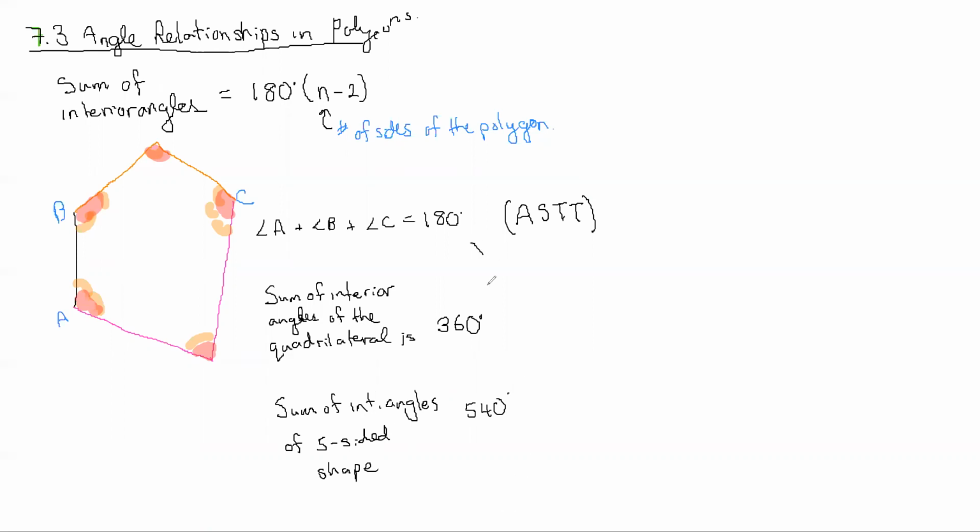And essentially, every single time we are adding an extra side to the shape, in other words, this is three-sided, this is four-sided, this is five-sided, and if I go six-sided, I'm essentially adding 180 degrees every single time. So how does this turn into my formula?